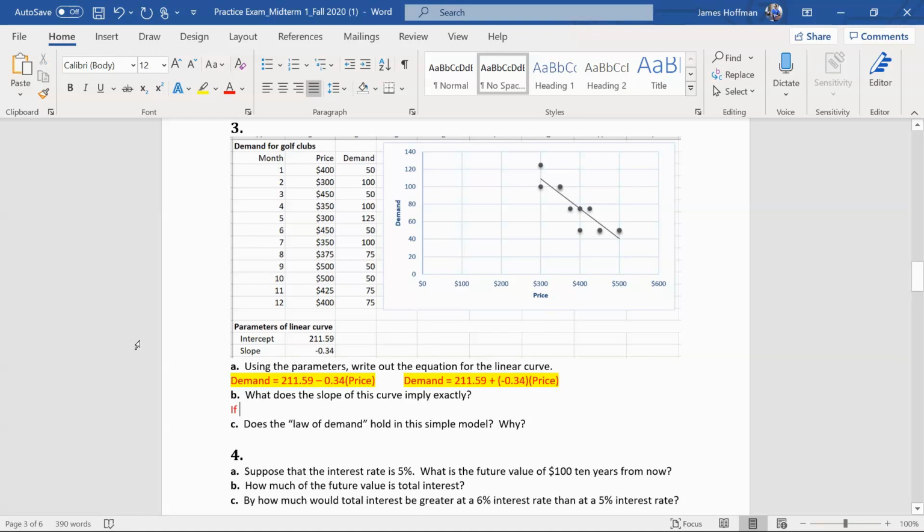Either one of those is the same exact thing, and each is perfectly fine. Does that answer your question? Yeah, thank you. You're welcome.